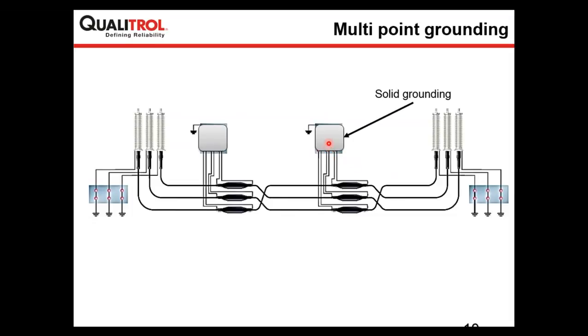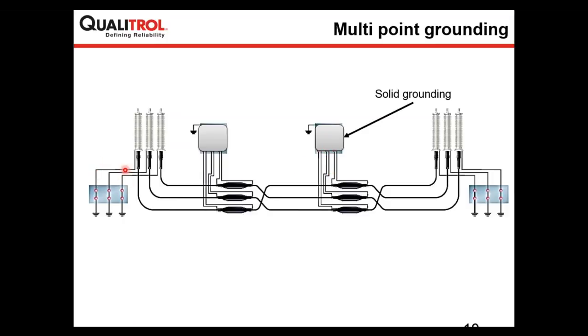a solid grounding at the joint position, what will happen if you are measuring partial discharges at this point and you have got partial discharge in this section? Partial discharge will be an electrical pulse current which will travel along the length of the power cable, but it will be grounded at this grounding position.